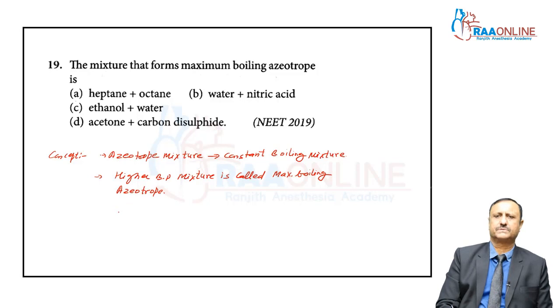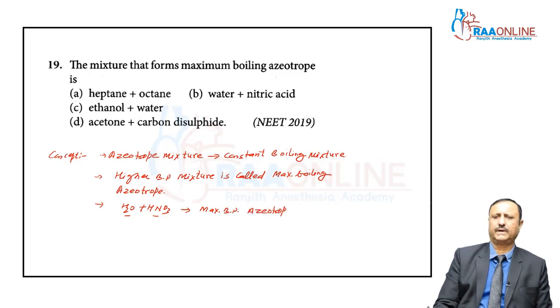Here, my dear friends, when you see water and HNO3, their boiling points are different. Water boils at 100 degrees Celsius and nitric acid lower than 100 degrees Celsius. But when both are mixed together, they form a maximum boiling point azeotrope.